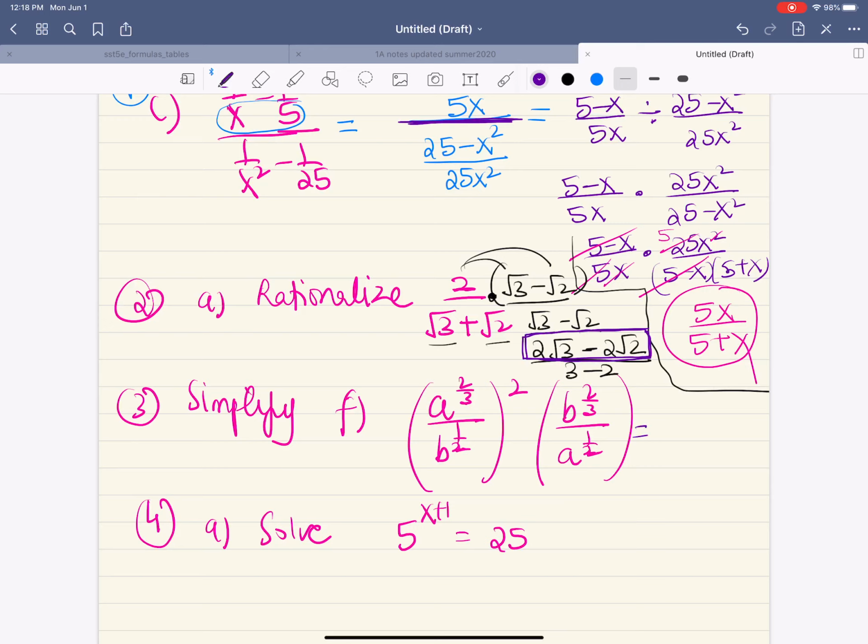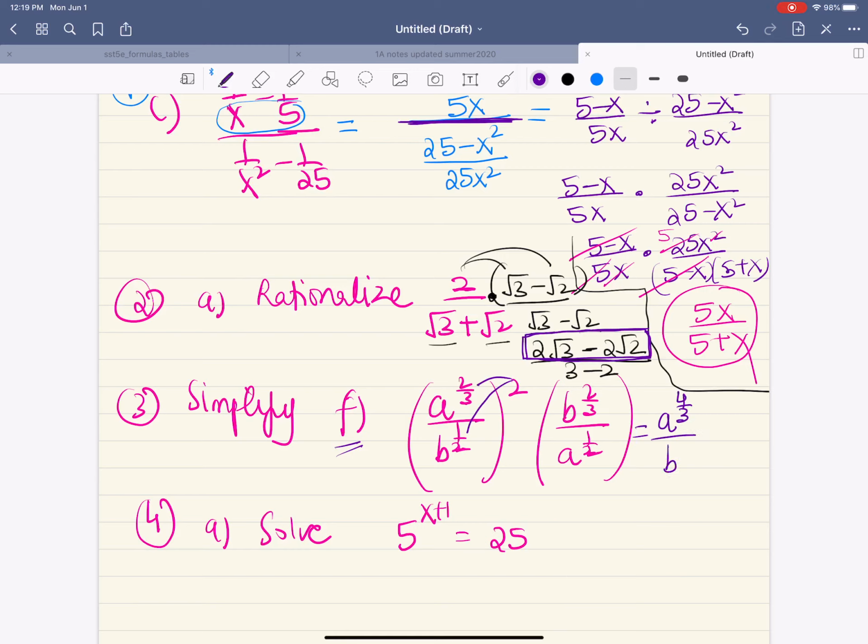The next problem is exponents. Simplifying the exponents. This is number 3, part F. So a to the power 2/3 divided by b to the power 1/2, everything raised to the second power. This power is going to multiply with both the exponents there. So a to the power 2/3 times 2 becomes 4/3.